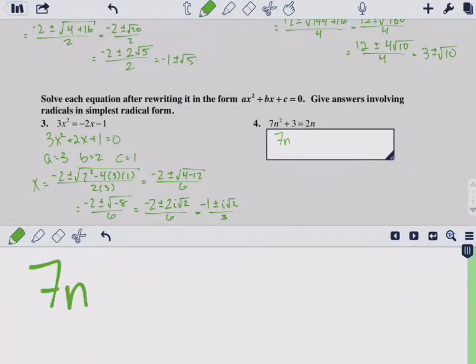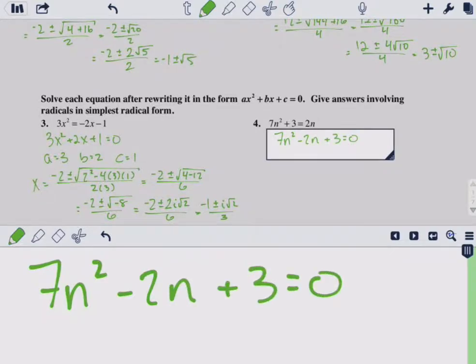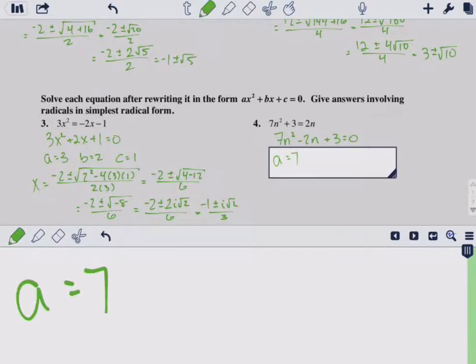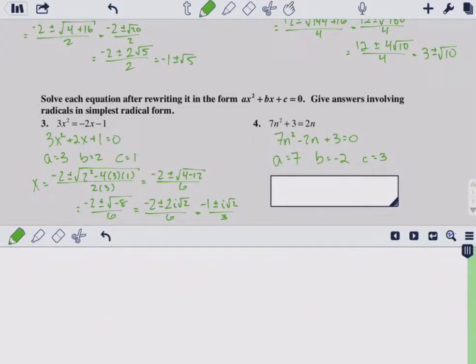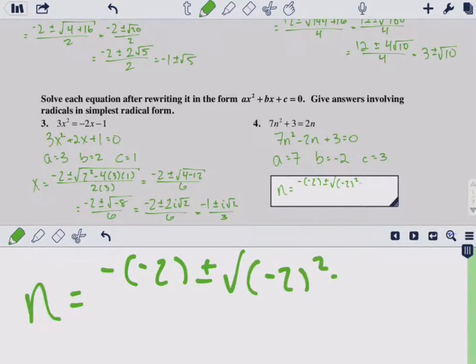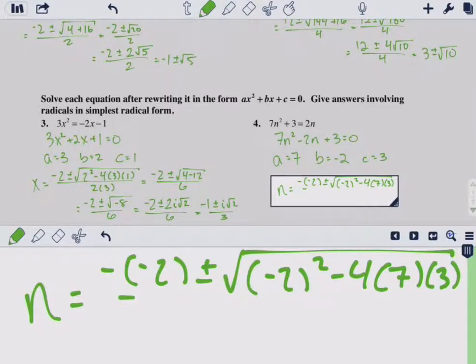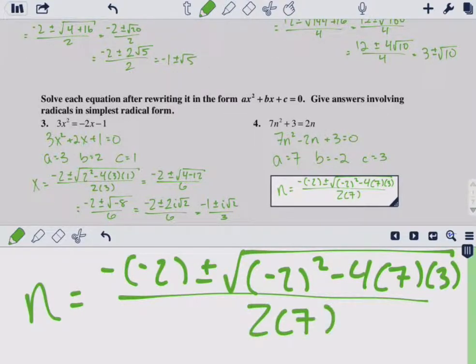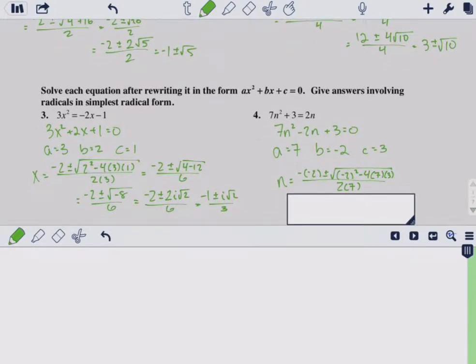Okay, same thing. Bring the 2 in over, the 3 stays positive. Now it's an appropriate form. a is equal to 7, b is equal to negative 2, c is equal to 3. So we have x is equal to negative b plus or minus the square root of b squared minus 4 times a times c, all over 2 times a. So that's 2 plus or minus the square root of 4.